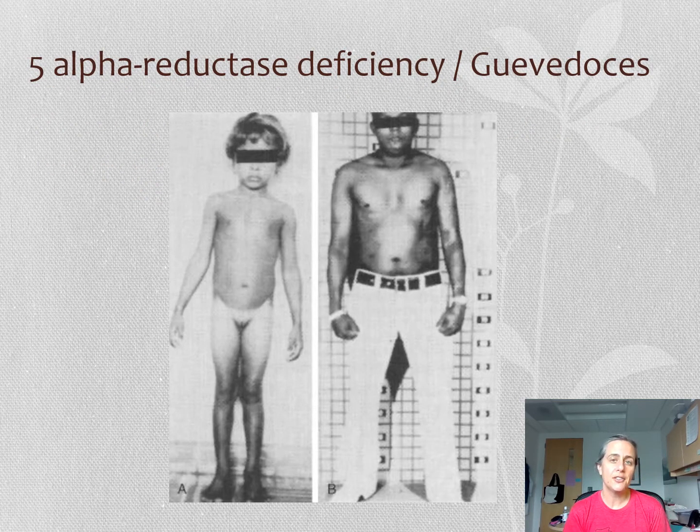Another interesting intersex condition is something called 5-alpha reductase deficiency, or guevedoces. So this one's a little bit more complicated, so I'm not going to expect you to know it. I'm not going to test you on it, but I'll tell you the story. So testosterone, as you know, is important for the Wolffian ducts to persist and for the external genitalia to masculinize, right? So those are the two things that testosterone typically does in an XY individual.